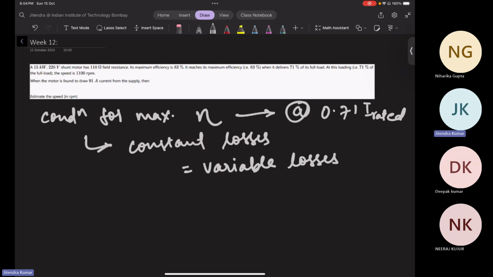So first we need to find the back EMF at the initial condition. Now when the motor is drawing 91 ampere of current from the supply, how much back EMF will be there in the circuit? I hope you are able to get the question, right? So case one we will make, when I is equal to 0.71 I rated.